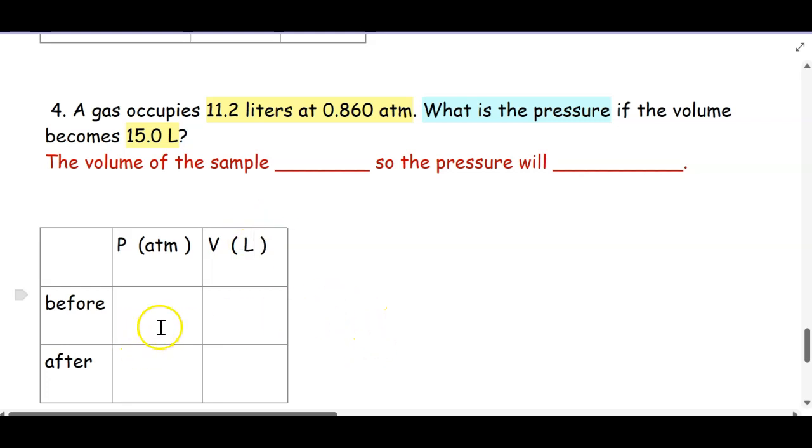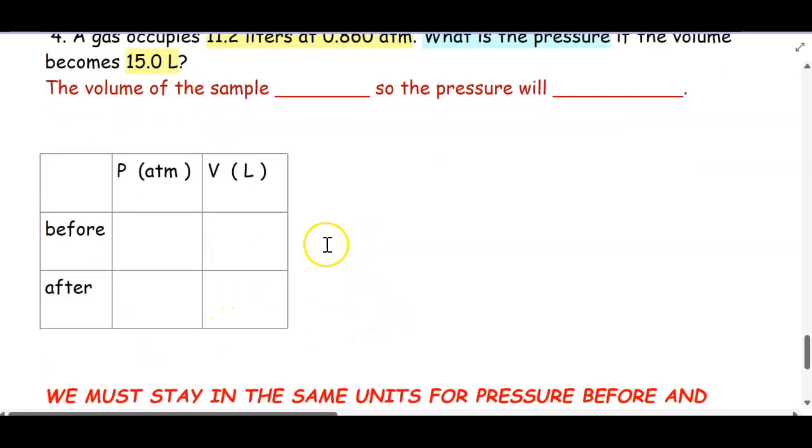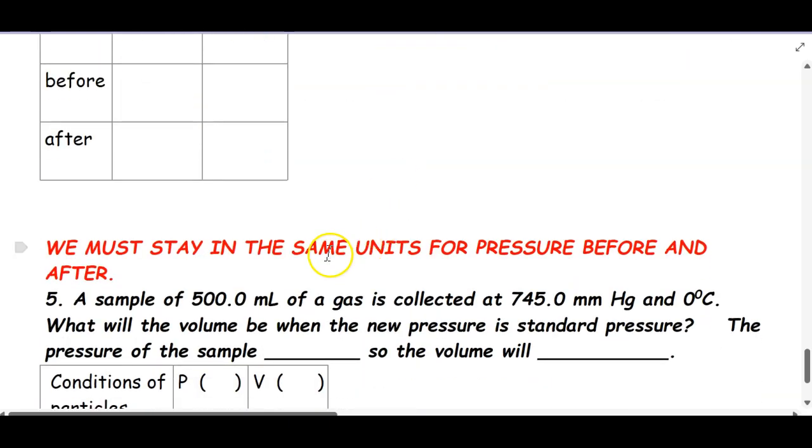Now fill this out and search for the appropriate numbers to put in the equation that you wrote down. The relationship of the first pressure and volume and the second pressure and volume conditions. So remember, we have to stay in the same units for pressure before and after. Now stop the video again and we'll let you work on the problem.